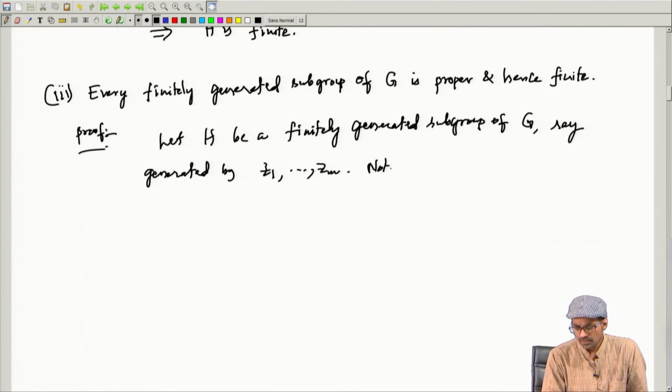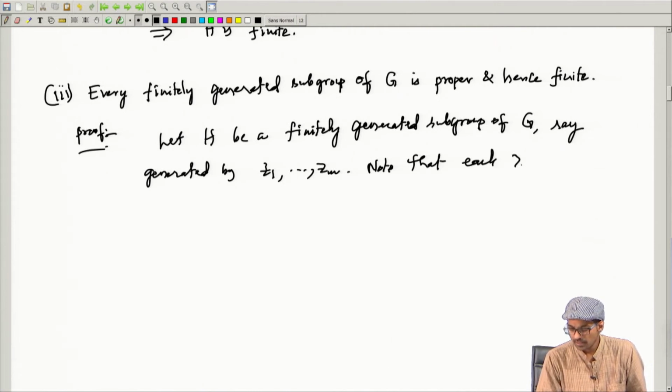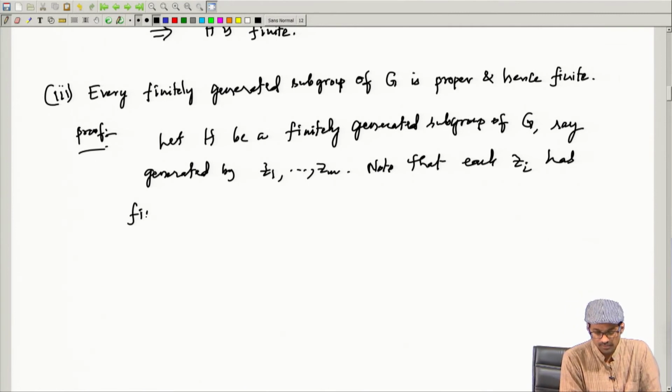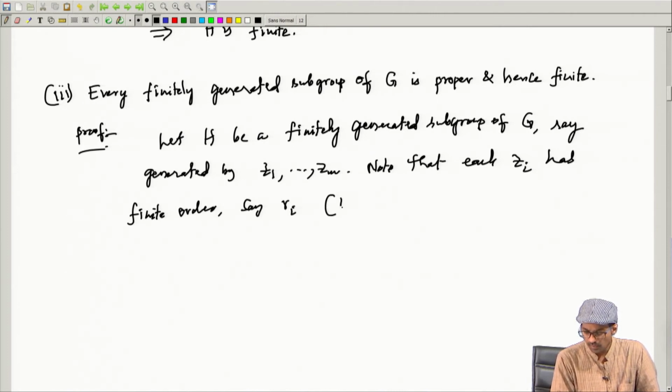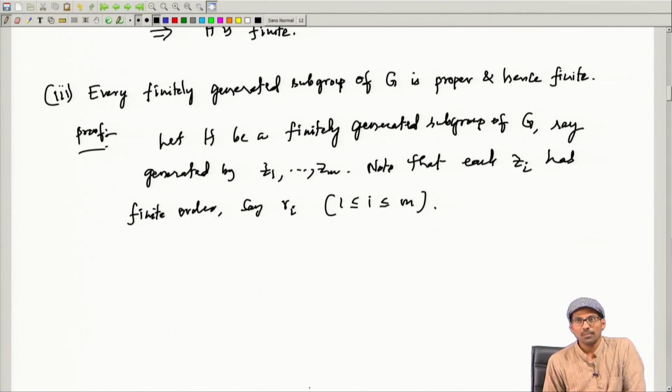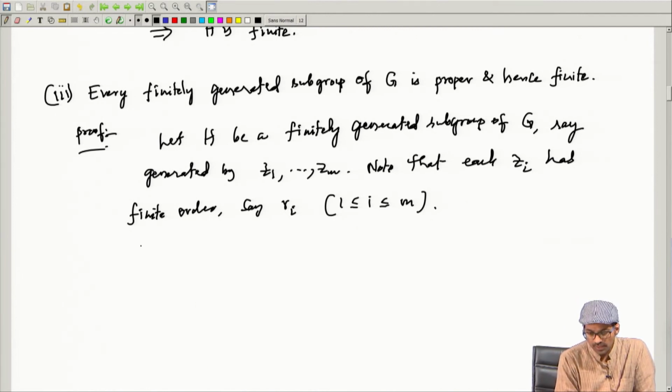Note that each zi has finite order, say ri, 1 less than or equal to i less than or equal to m. Okay. Why? Because these are all some p power nth roots of unity. So, therefore, each zi should have finite order. So, let us say this is ri.